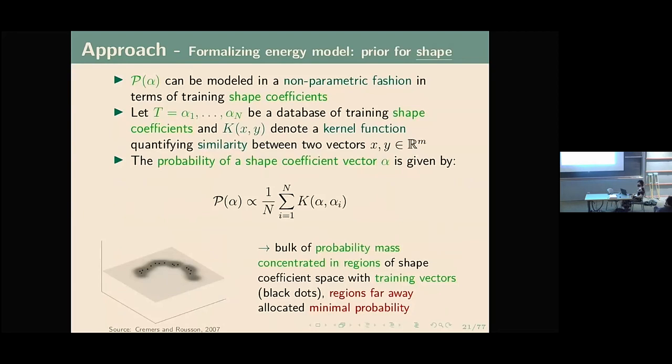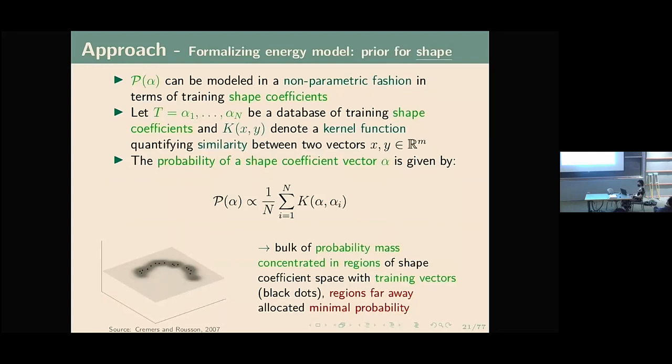So given a database of training shapes with their associated shape coefficient vectors, we can express the probability of observing a new shape coefficient vector as a normalized sum of similarities to training shape vectors, as measured by this kernel function K. Try not to use the pointer too much because it's not visible for those on the internet.